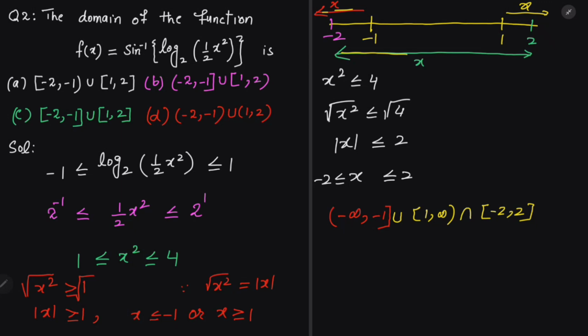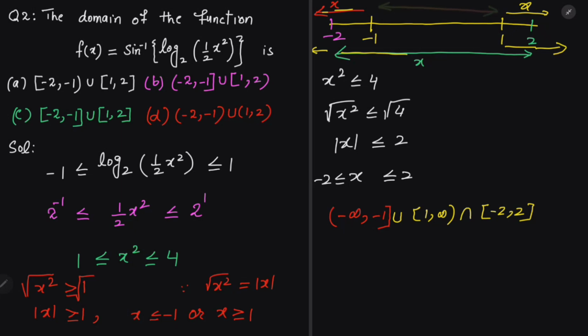What will be the common? What do you think? What will be the common in all these values for x? The common value will be, if you just take this value, for example, then it is not common to the other x's. If you just take this value on the right hand side of 1 and including 1, then the left part will not be available for us.